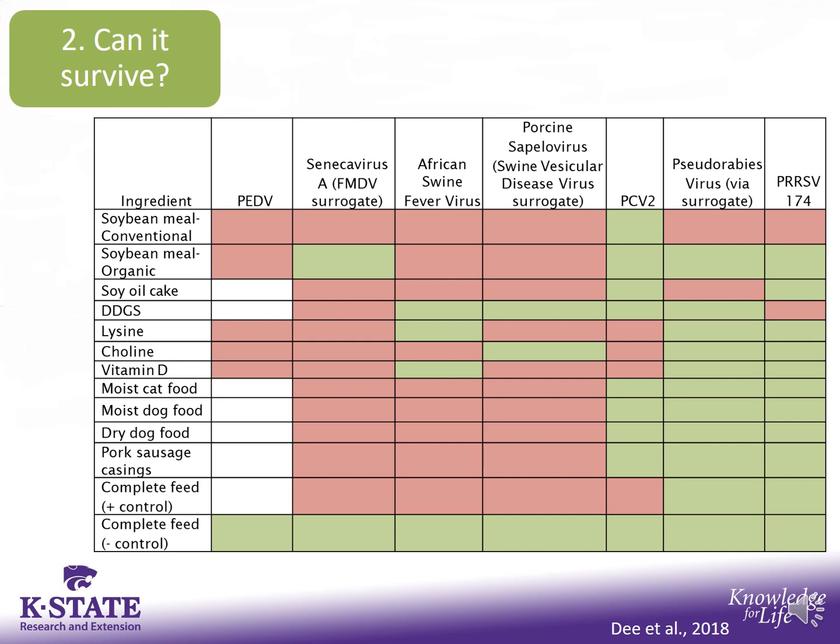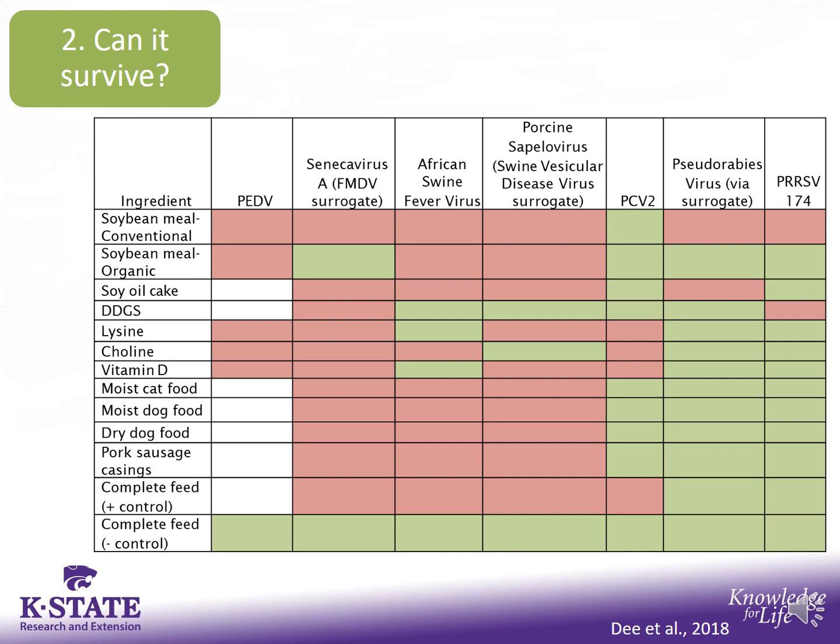Any of the cells that are red demonstrate that there was still viable virus at the end of transboundary transport, meaning that in this case the authors infected the soybean meal, in this case conventional soybean meal, with PEDV or any of these other diseases, and then subjected them to similar temperatures and humidities that had been reported during a 37-day transport from Beijing to Des Moines as part of a vessel transport.